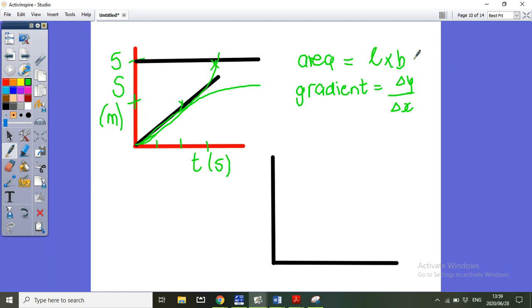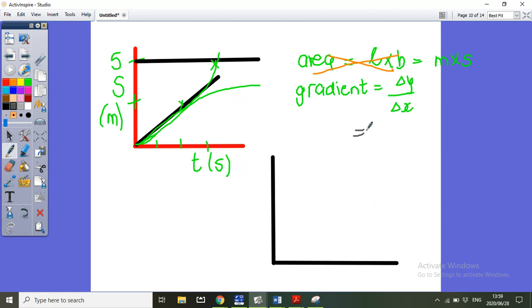Now, if you have anything that we measure in meters times seconds, please tell me, because I don't know of any quantity that's measured in that unit, meters times by second. So actually, for this graph, the area would mean nothing. So we cannot use the area of the displacement time graph. But if we look at the gradient now, it's y over x.